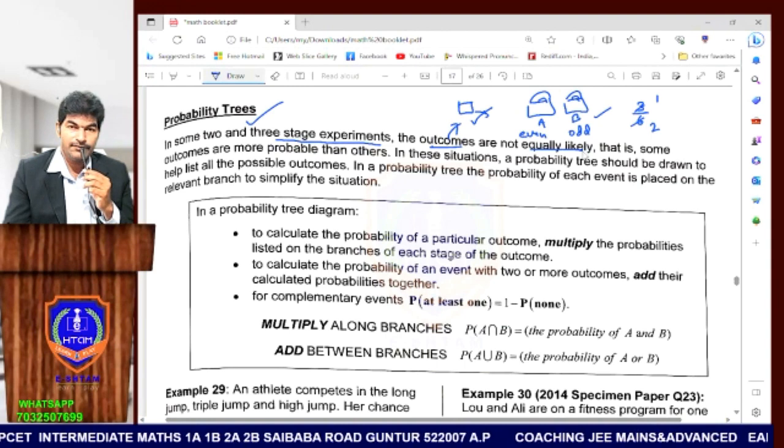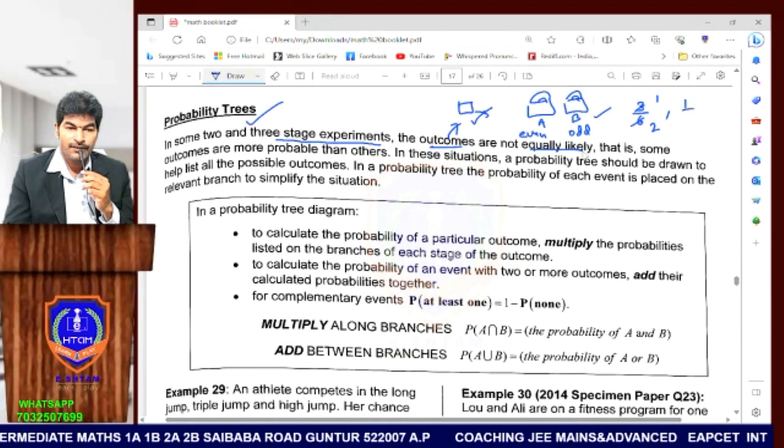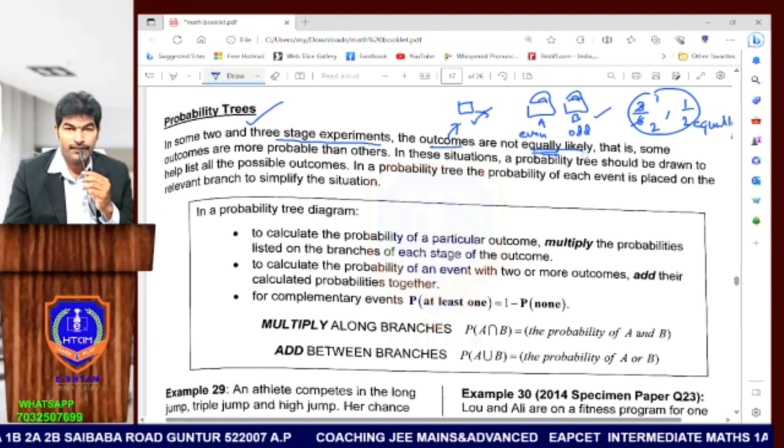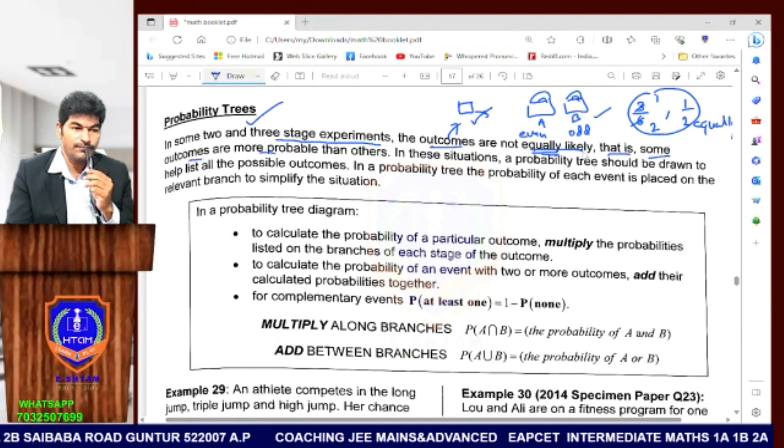Odd numbers? 1, 3, 5. So the even number probability is 1 by 2, and the odd number probability is also 1 by 2. If the probabilities are the same, they are said to be equally likely. Otherwise, some outcomes are more probable than others.